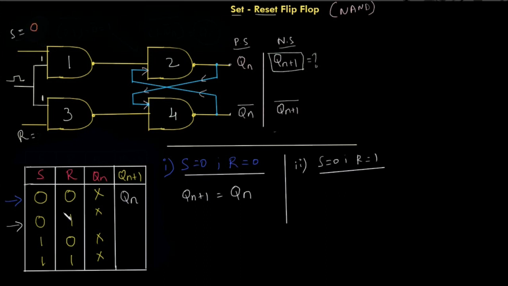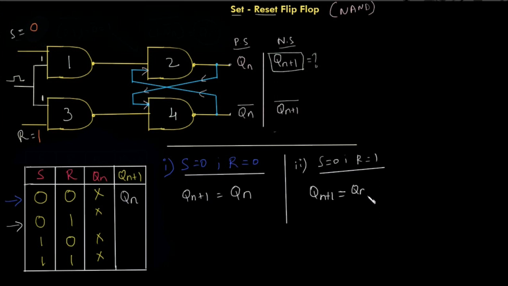Now in the first case you have already found out for S equal to 0, Qn plus 1 is nothing but Qn. In the second case we have S equal to 0, similar to the first case, so Qn plus 1 will be equal to Qn.